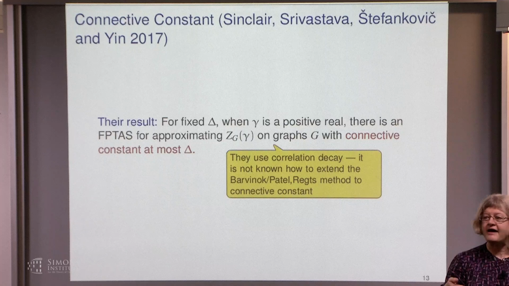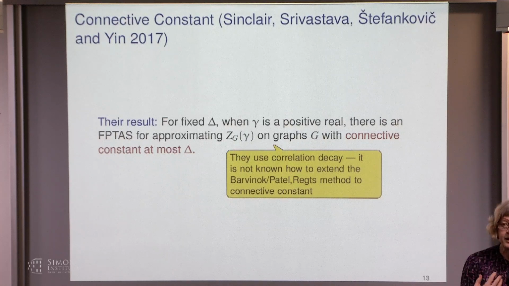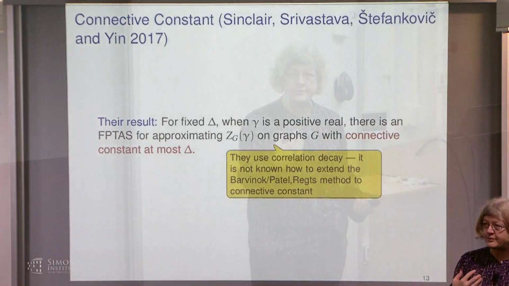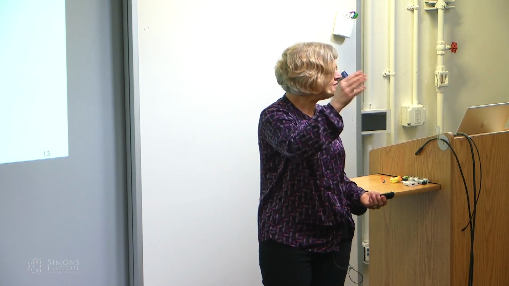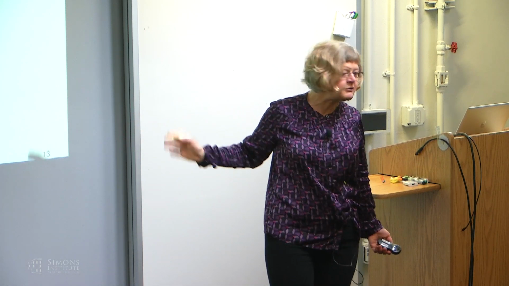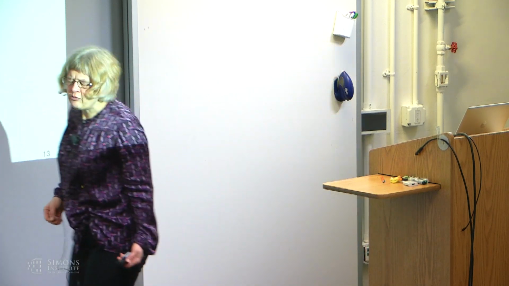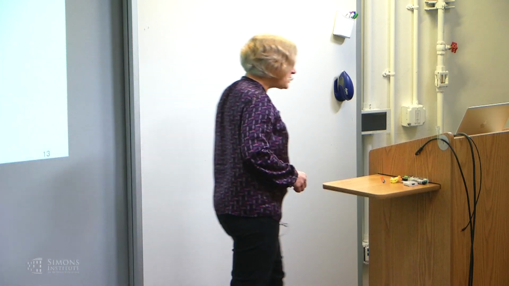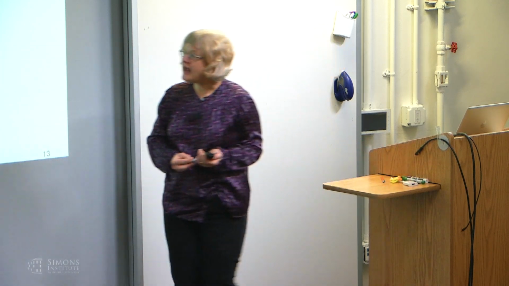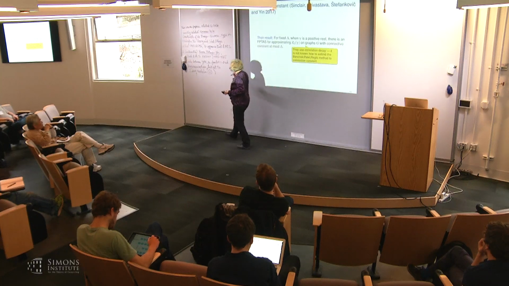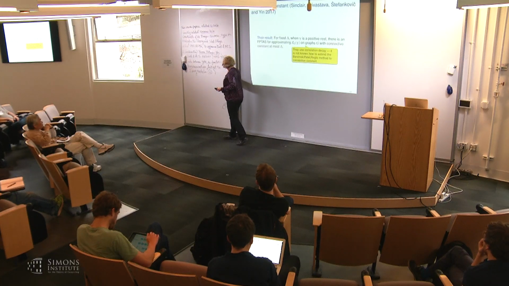It's a bounded degree graph, and so if I want to know how many connected subgraphs there are that contain my vertex v, it's like Δ to the whatever length. It's small. But with the connective constant, I could have a vertex with very high degree n or whatever.